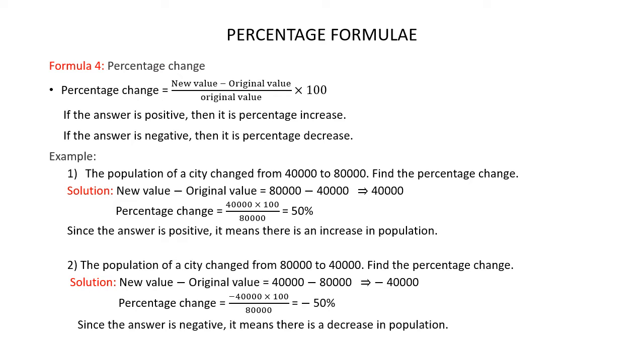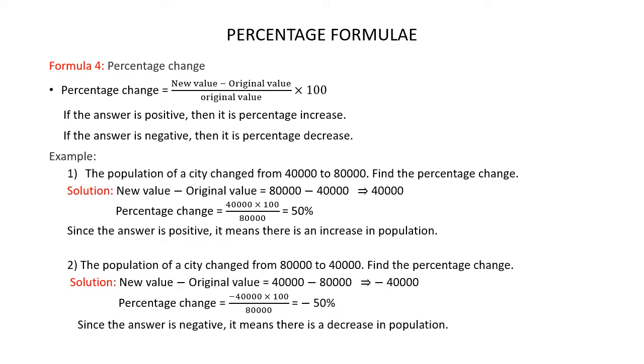Let's look at another example. The population of a city changed from 80,000 to 40,000. Find the percentage change. Here, the original value is 80,000. The new value is 40,000. So, new value minus original value is 40,000 minus 80,000, which is minus 40,000.